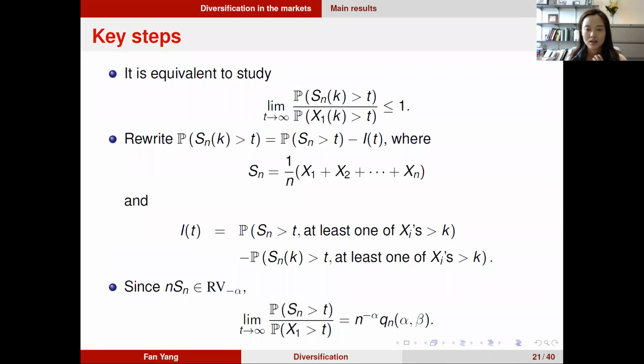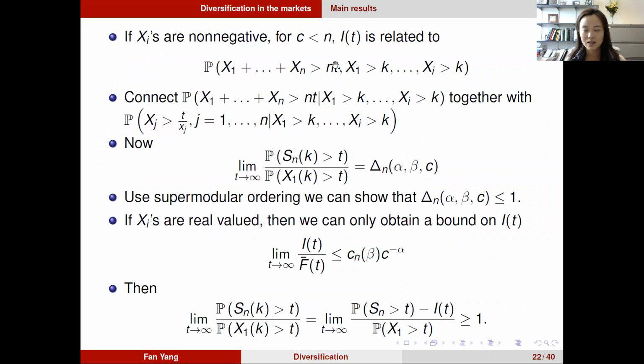And here I also want to show you why the non-negativity on the marginals actually allows us to have a finer result. Actually, that is because with non-negativity we can rewrite those probabilities to have a better, more accurate bound on that.